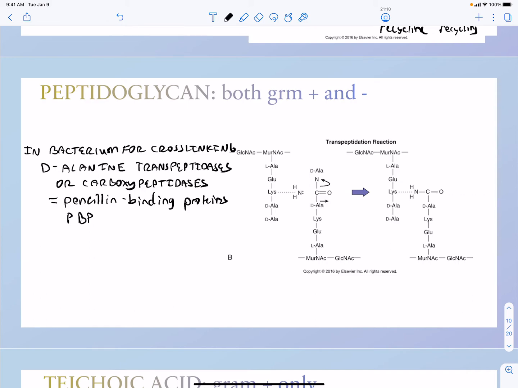And so it became clear that it was targeting an enzyme, and so these enzymes were just simply called penicillin binding proteins. But now we know they are actually the enzymes that are doing the cross-linking of the peptidoglycan on the exterior side of the bacterium. And so the penicillin binding proteins are the target of penicillin.